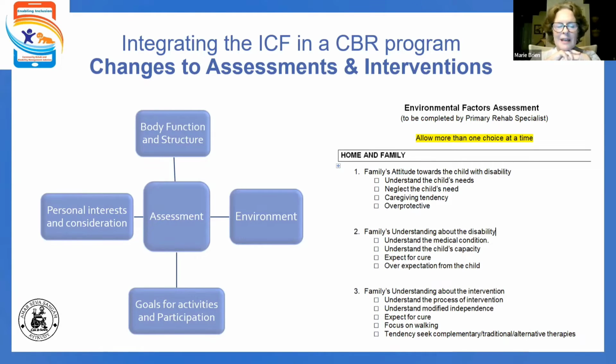That's why we have developed the Enabling Inclusion app to have these assessments and interventions within the app, where we look at every component of the ICF, and we have specific assessments and interventions looking at the environment. So this is just to highlight one of the assessments that we have within the app that looks at the environmental factors.